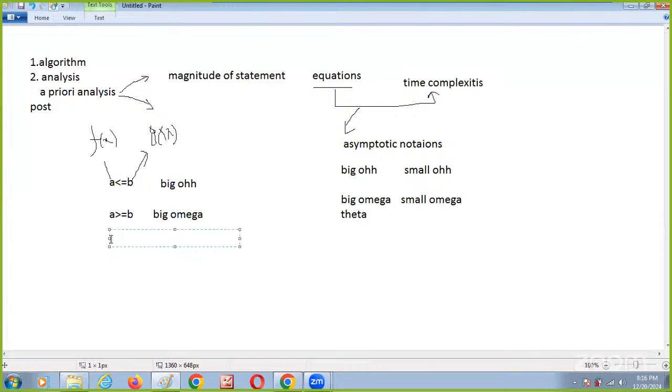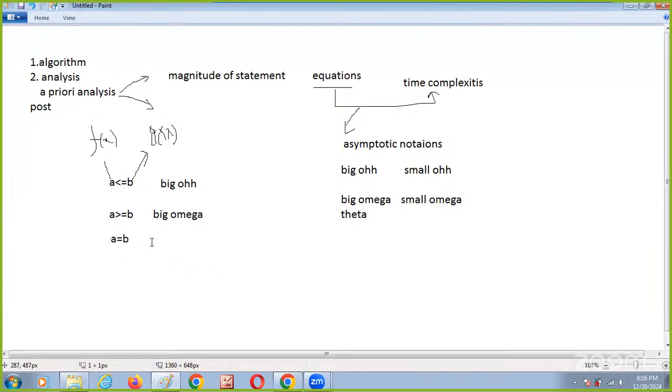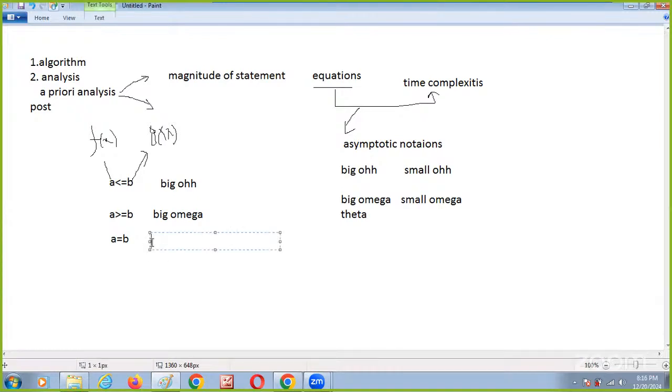Let us take one more thing. I'm telling it in simpler words; it's not from a theory point of view, it's completely GATE oriented. If A is equal to B, then it is theta notation.